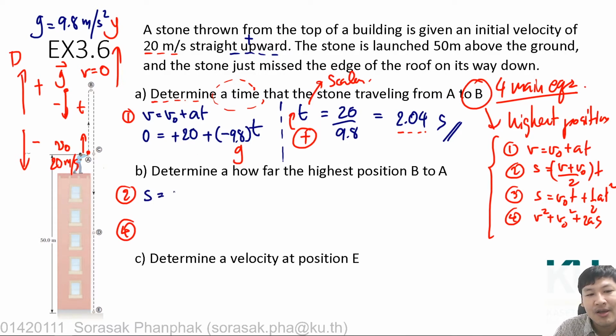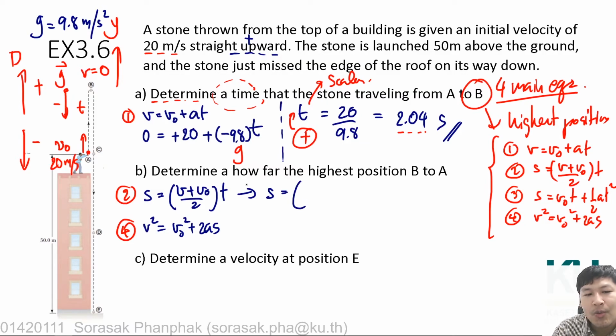So the second one is s equals (v plus v0) over 2 times t, and this one is v square equal to v0 square plus 2as. Plus, not plus, I'm sorry for this mistake. So you sub everything in: s equals v terminal is 0 plus v initial is plus 20, divided by 2, and the time you know is 2.04.